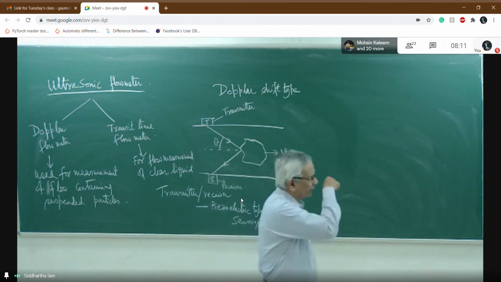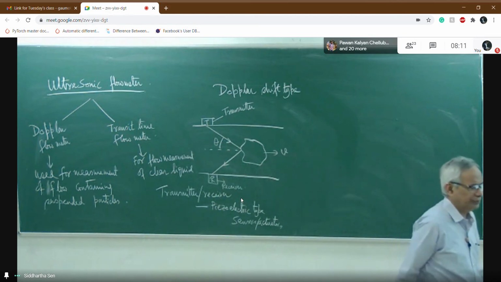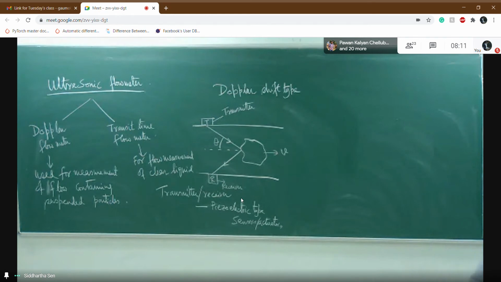This piezoelectric type will be discussed more thoroughly in the next course, instrumentation devices.